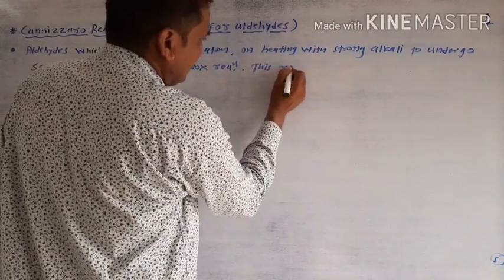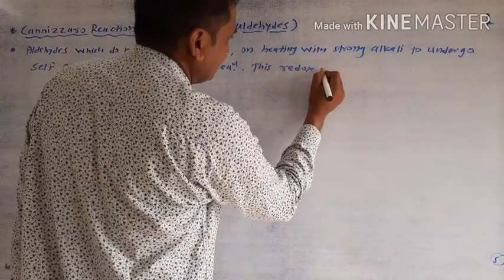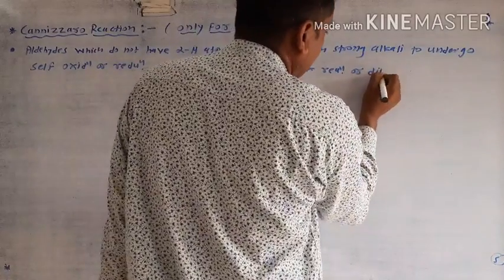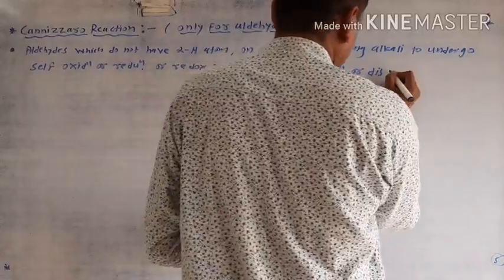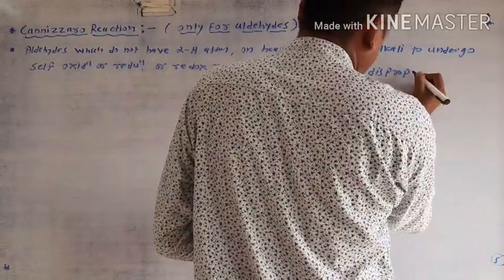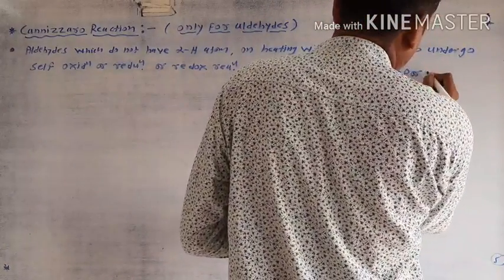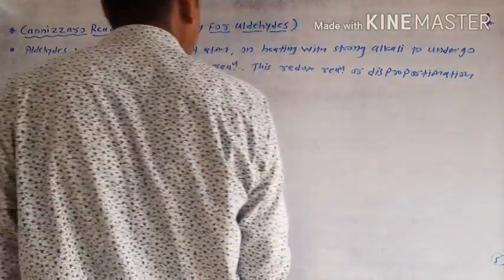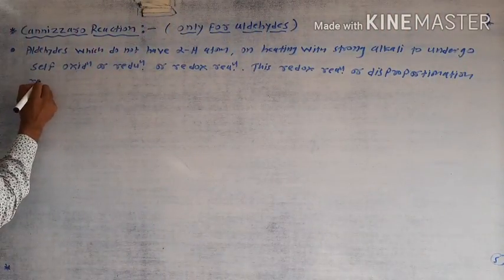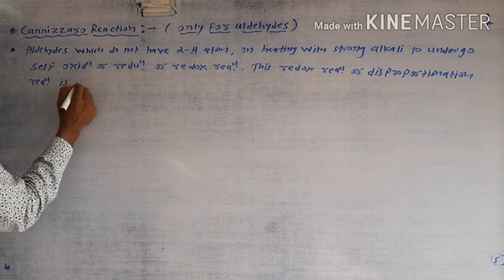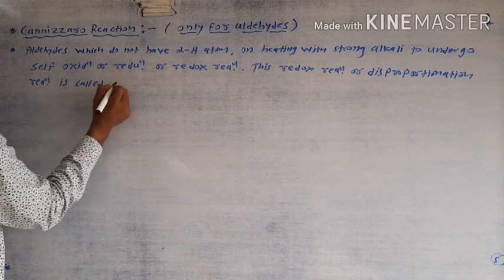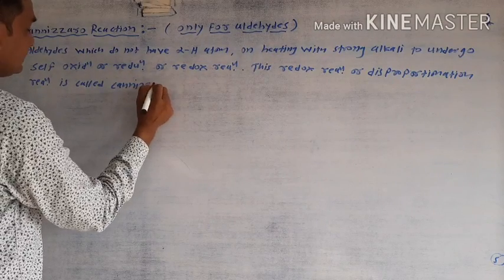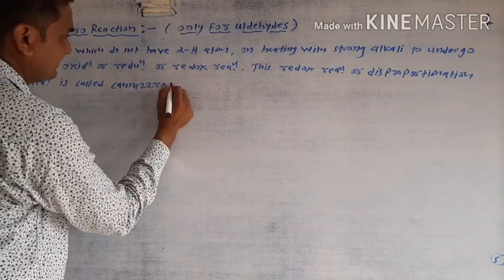This redox reaction or this disproportionation reaction is called the Cannizzaro reaction.